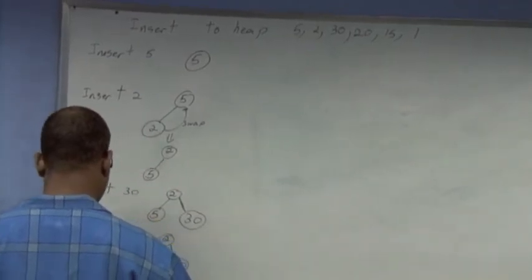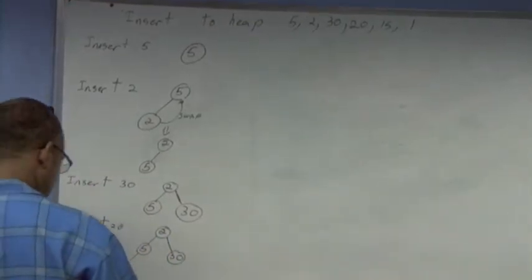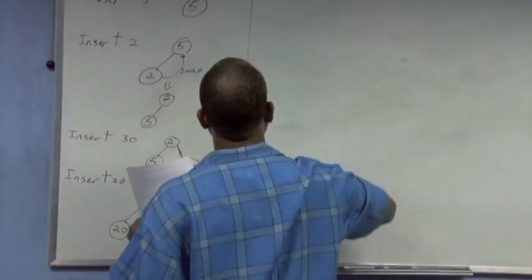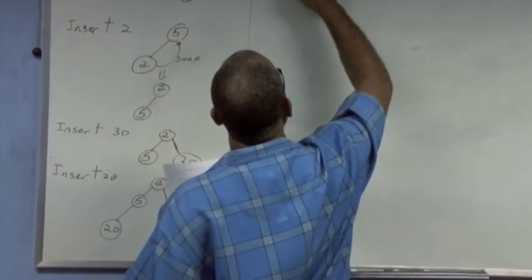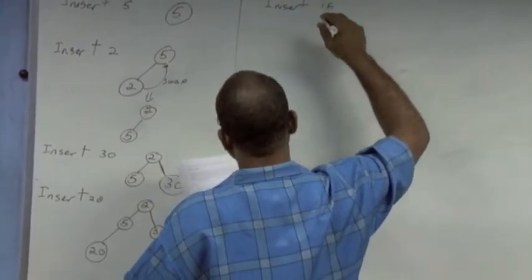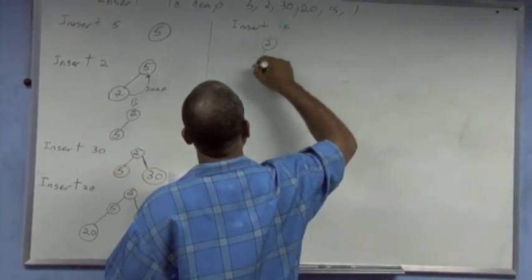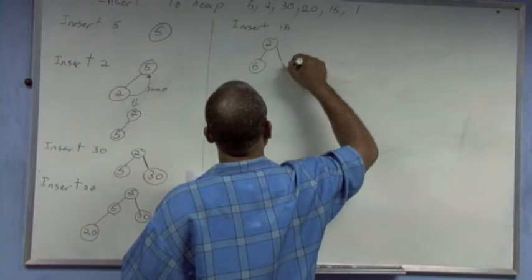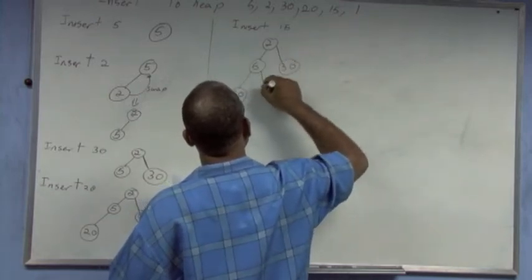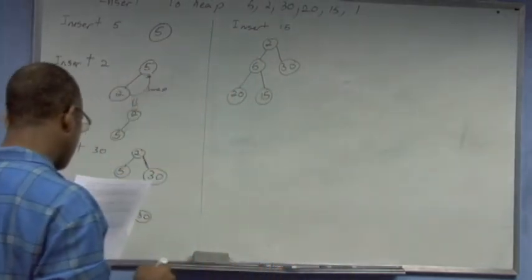Next position is next level. 20. Then we're going to insert 15. So start with our 2, 5. Then we're going to insert 1.